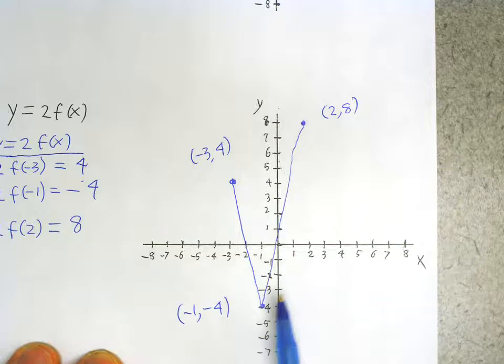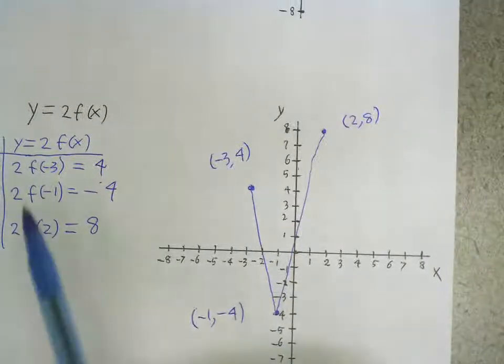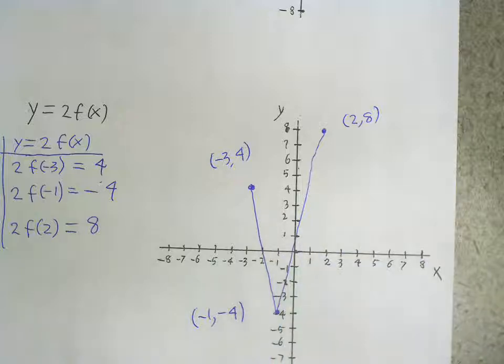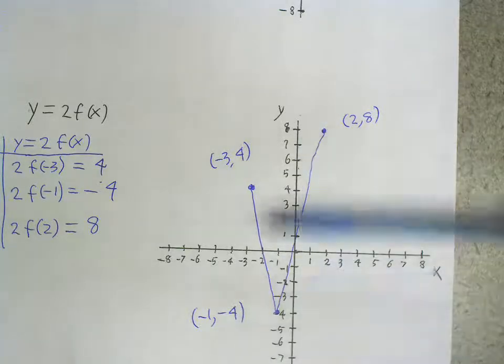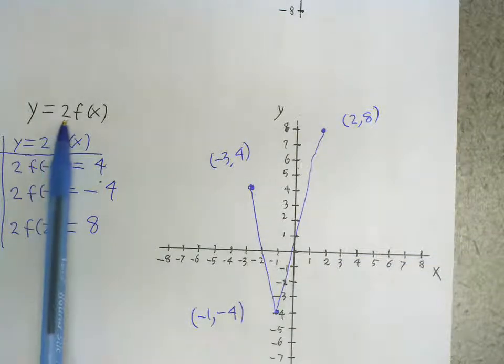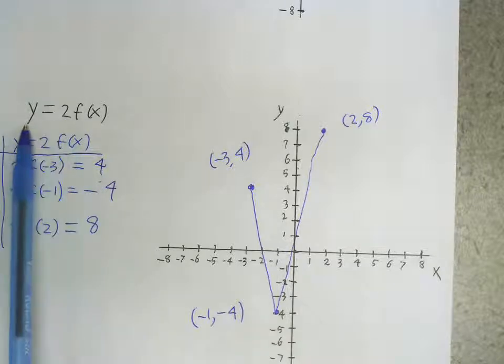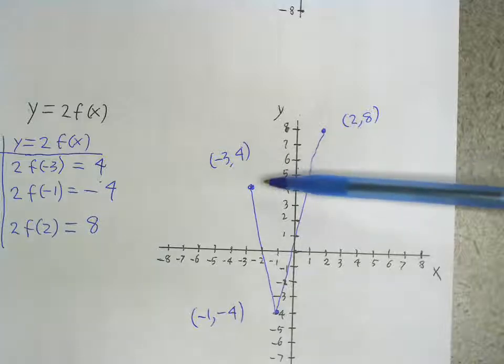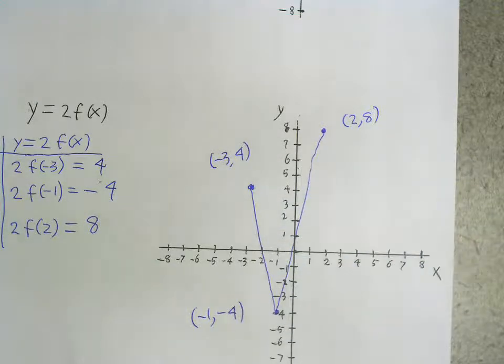Okay, so this graph, you can tell that it's the graph of f of x stretched vertically by a factor of 2. So that's what this notation indicates. We're multiplying all of the y coordinates of f of x by 2. So the graphical effect is that it stretches vertically.